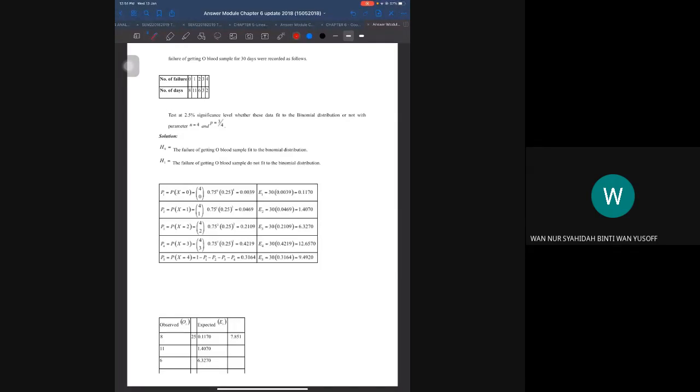Step one, hypothesis. As I said, H0 will always be that the data follow the given distribution. So you can write that the number of failures of getting O blood sample fits the binomial distribution, or you can just write the question here. You can just write this data fits the binomial distribution, also accepted.